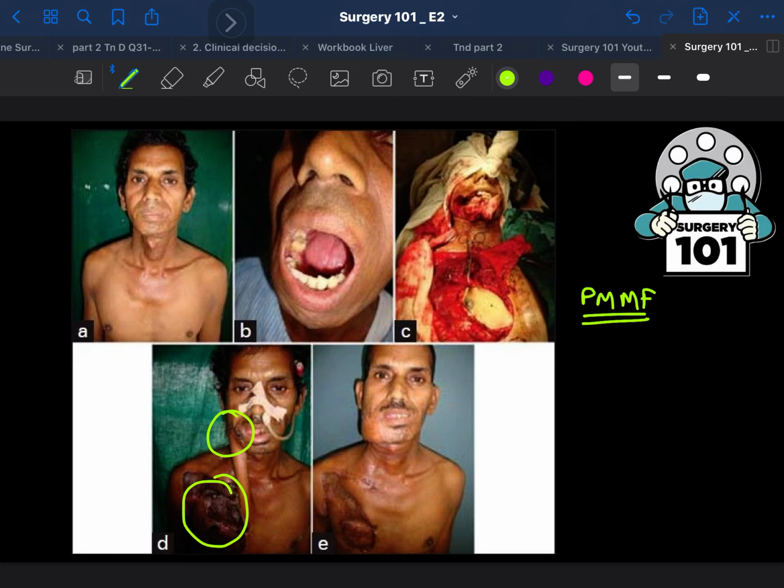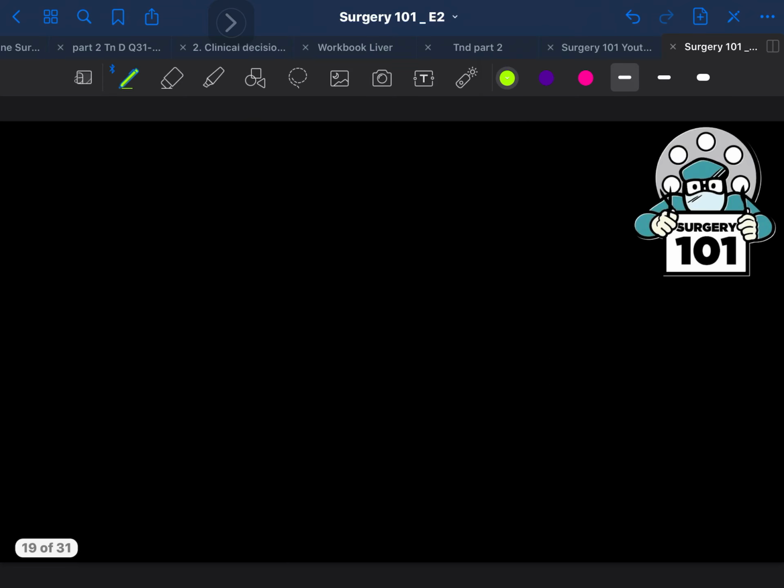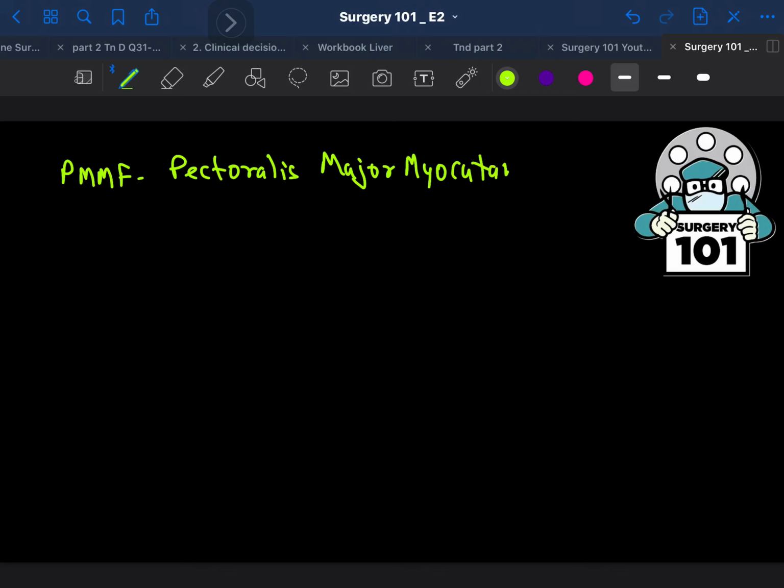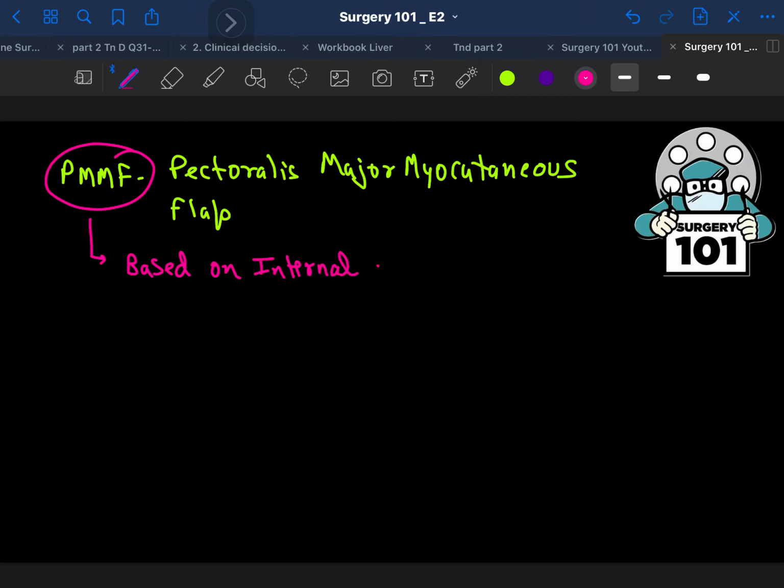What you need to appreciate is that this pectoralis major myocutaneous flap is based on the internal mammary artery.